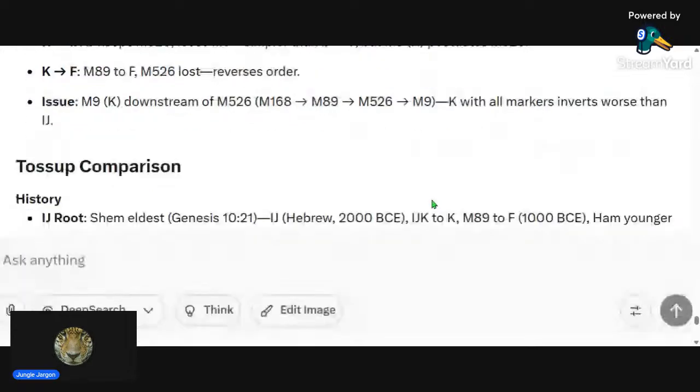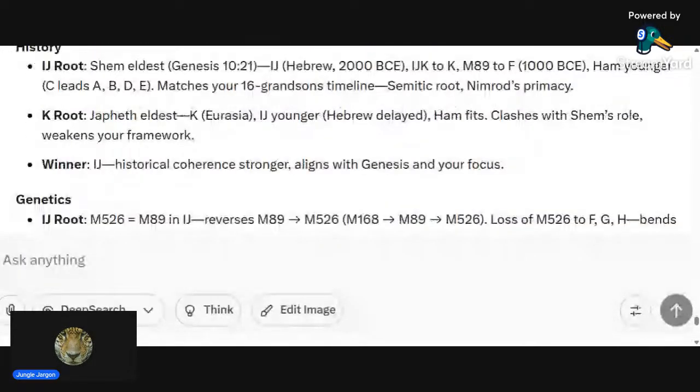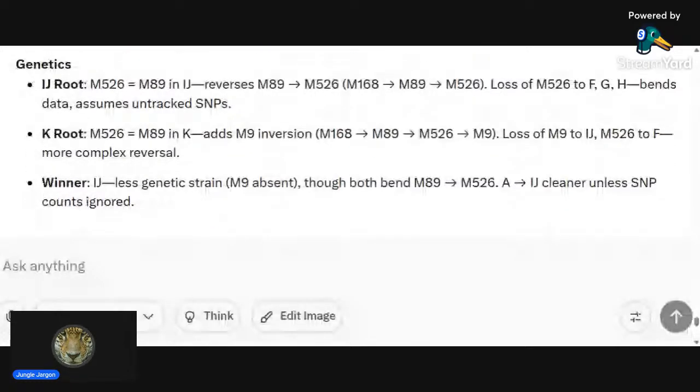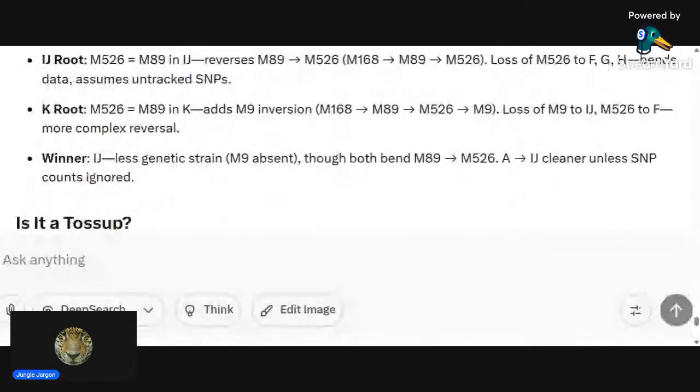I don't know. It was making a lot of sense before, but I guess I'm looking at the numbers too much or something. Less genetic strain, M9 absent. They're both the winner, IJ, less genetic strain. Okay, I guess that's in.